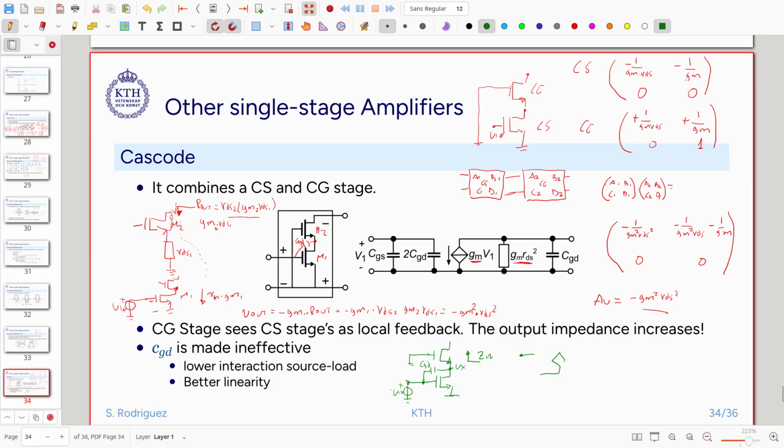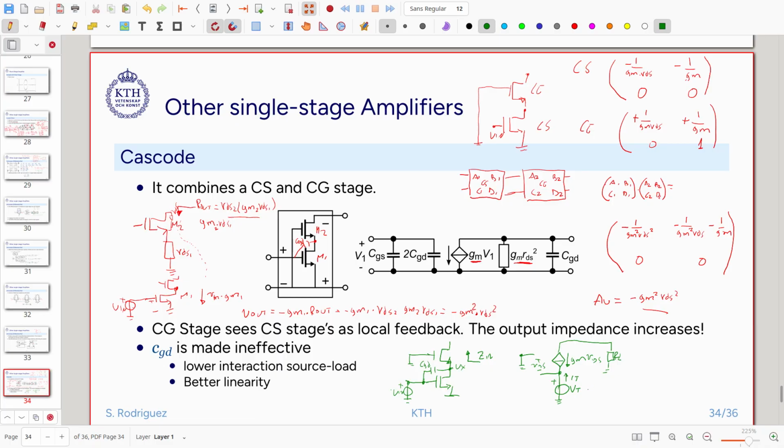Let's assume that this is VGS, that the transistor only looks like this, with some load that we don't care about right now, RL, and then I put a test voltage source here, and then I will calculate what is the test current here.